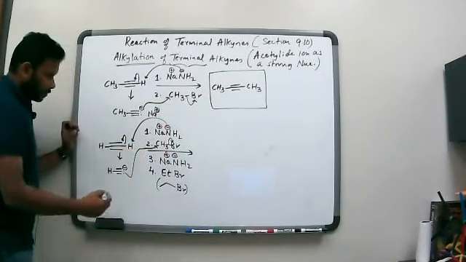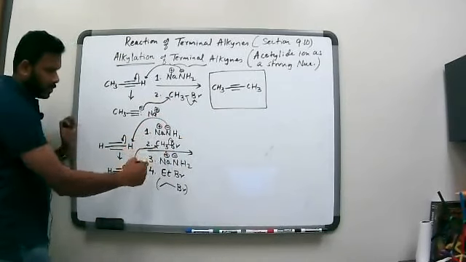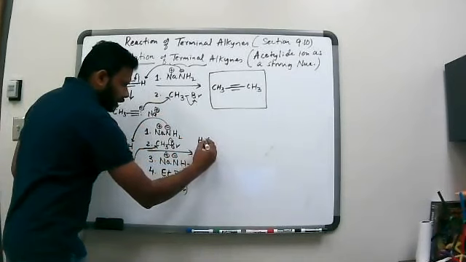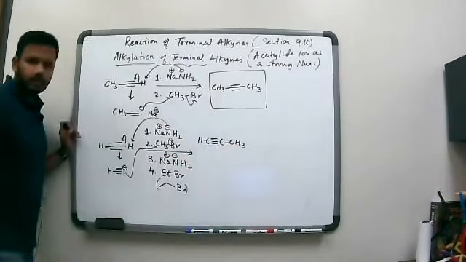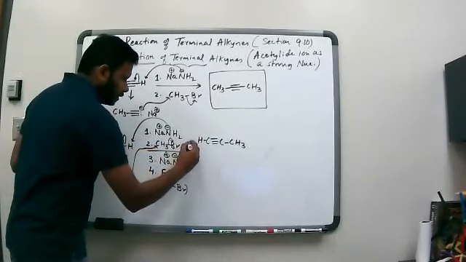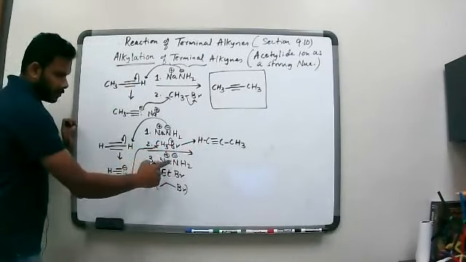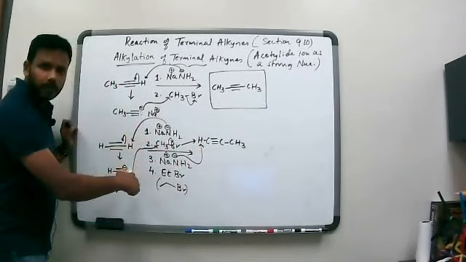So after this second step, what I would have is a triple bond with a methyl connected to it. Now in the third step, we have more sodium amide, so the amide can deprotonate the other side.